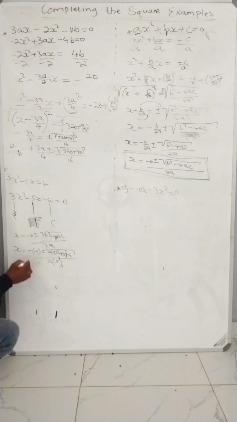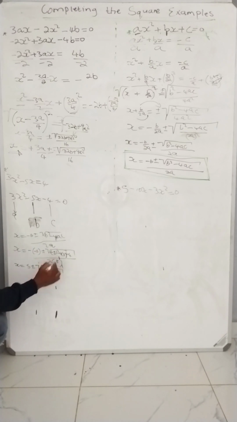And then you can say negative times negative is positive, so you'll have x is equal to 5 plus or minus the square root of minus 5 squared is 25, positive 25.